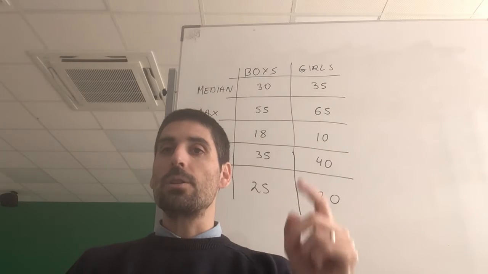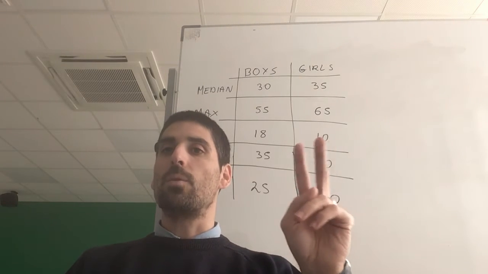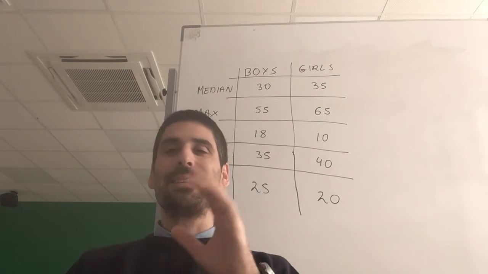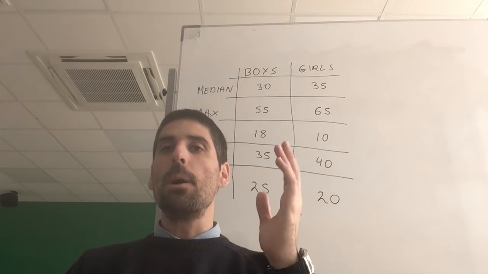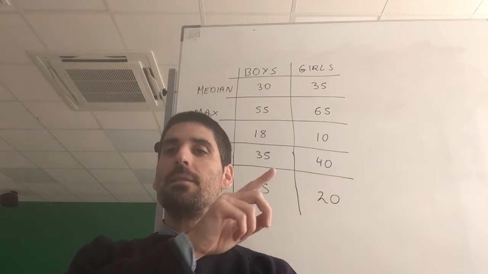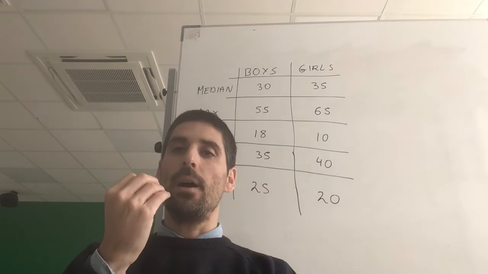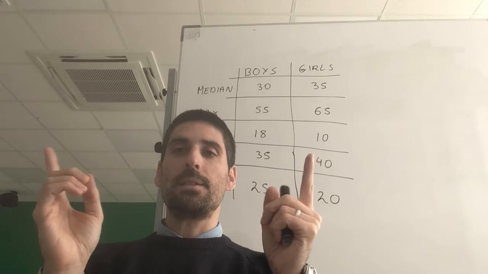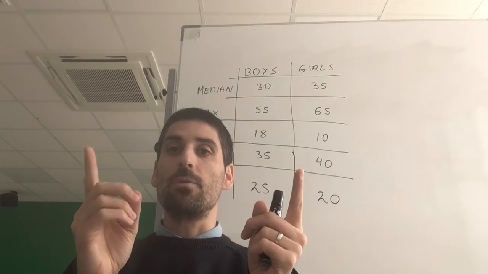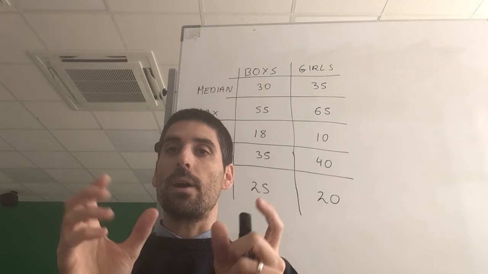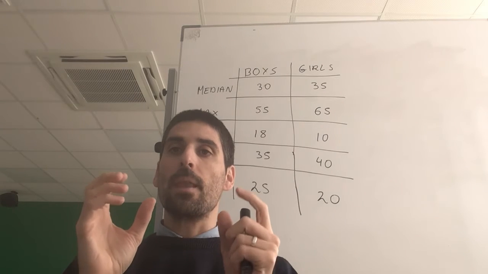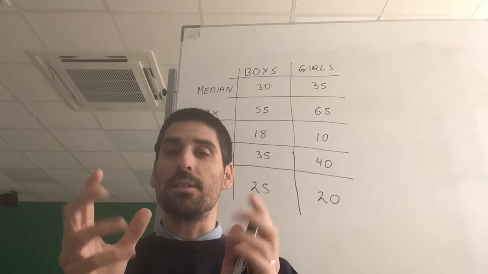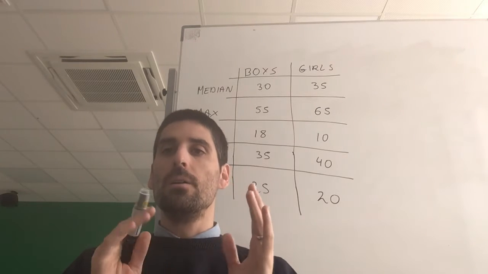Well, we know the range, but we also know the interquartile range. Typically it doesn't matter which one you use, but as we discussed in the previous video, the range is more susceptible to extreme values. The interquartile range may give you a more reliable indication of consistency in the data.